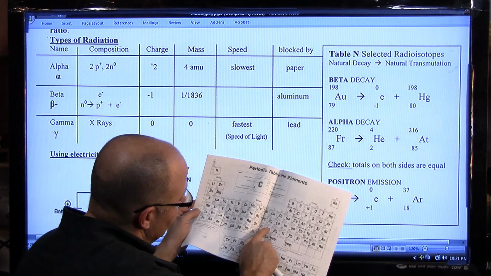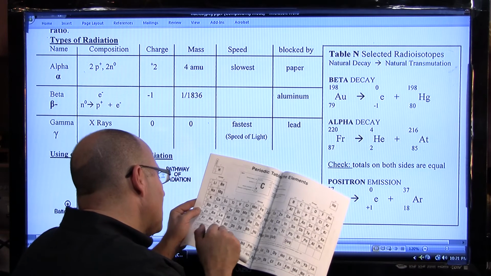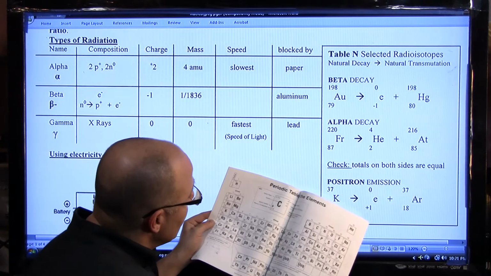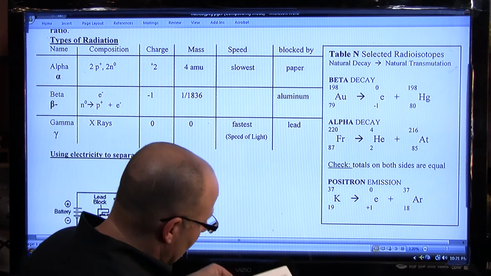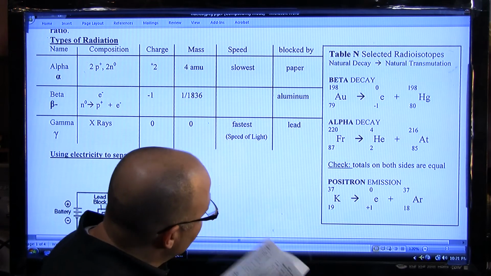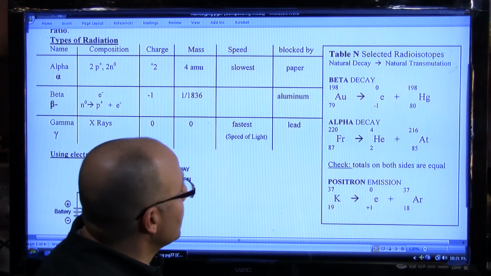So a lot of students at first give this a double take, because when they round this to 197 and they see a 198 here, they think this is a mistake. But on the contrary, this is in reference to a radioactive isotope of gold.